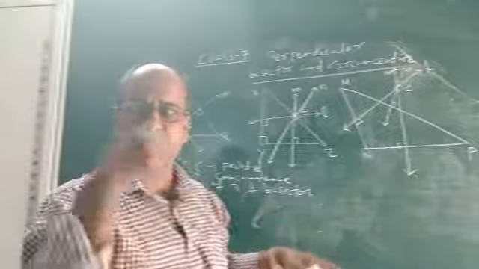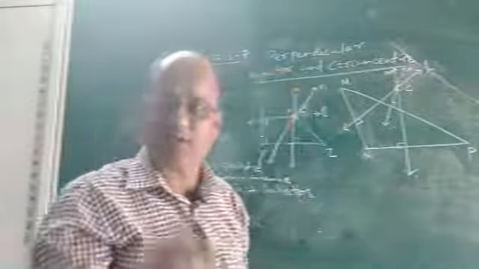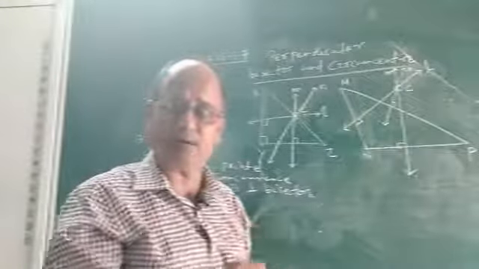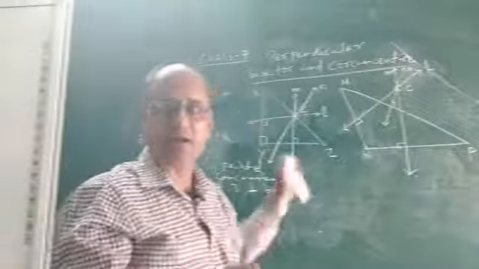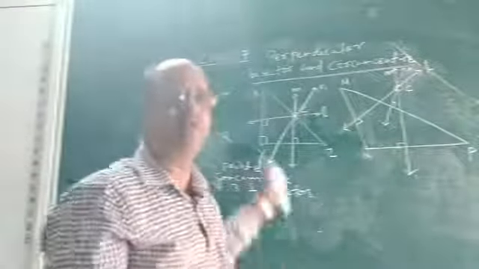If you construct three perpendicular bisectors of any triangle, whether acute, right or obtuse, you will find that they always pass through one point. That means they are concurrent. The three perpendicular bisectors of the three sides of a triangle are concurrent. So that point of concurrence through which they pass is known as the circumcenter.